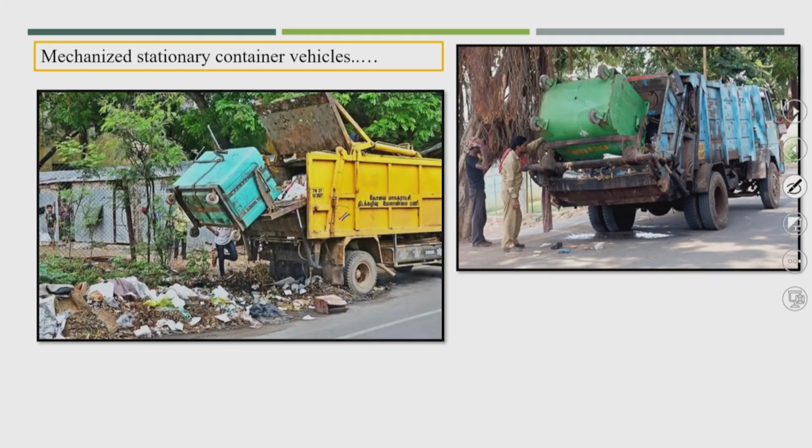Mechanization then started, because the time required for loading the vehicle was very long, and these vehicles stood on the road, causing a lot of traffic issues. So mechanization was started for the stationary containers also. You see here how these dustbins are loaded into the vehicle.